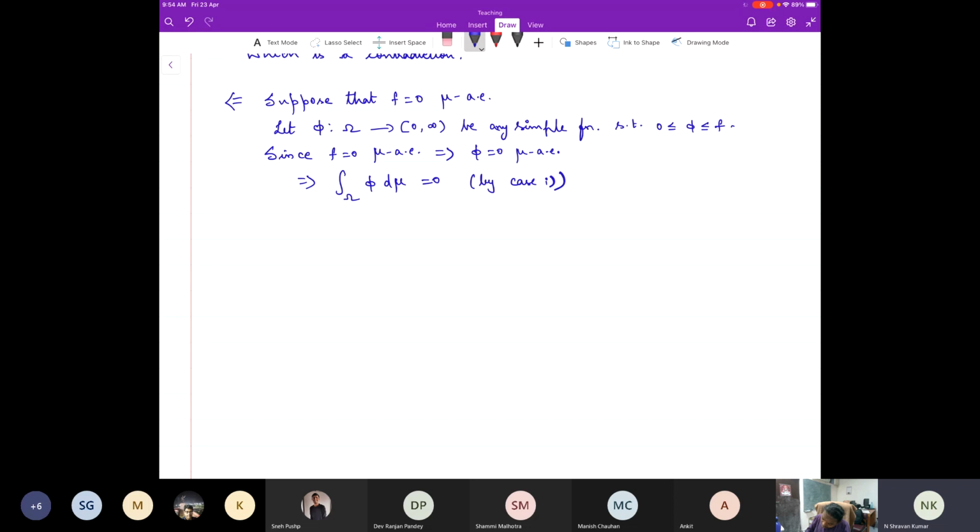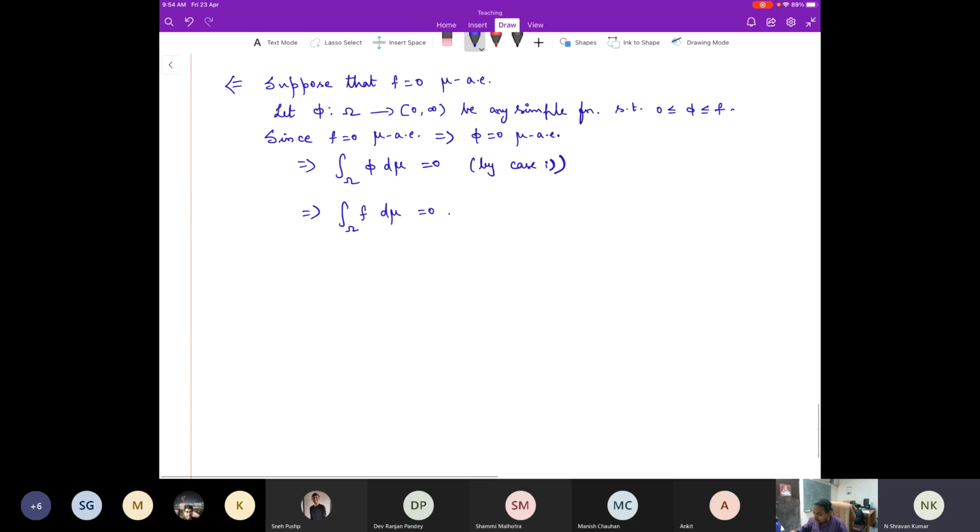Because phi is an arbitrary simple function, this is true for all phi with the property that 0 is less than or equal to phi less than or equal to f. Therefore, the integral over omega of f d mu is 0. That's it, done. And we are done. So with this, let me stop this lecture.